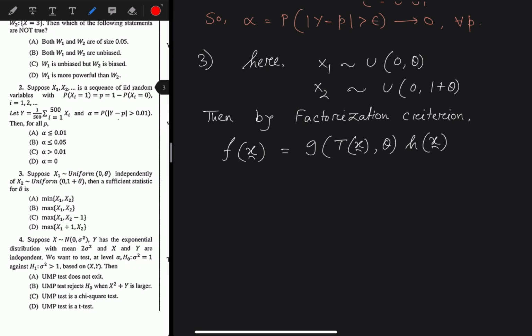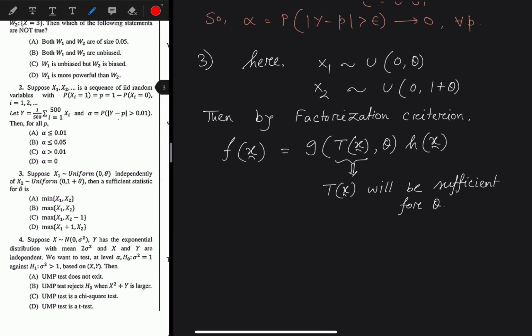So h of x curl is independent of the parameter theta. Then this t of x curl will be sufficient for theta. Okay, and this is true by the factorization criterion.